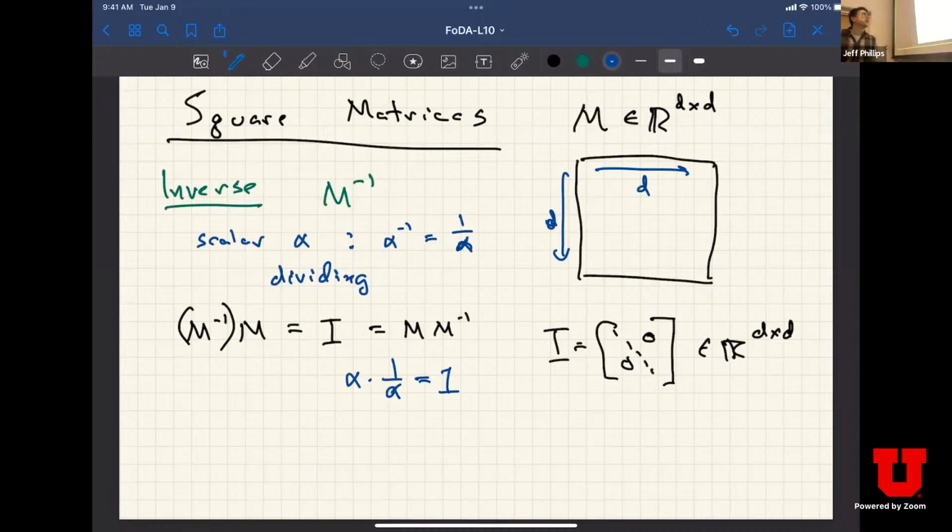The tricky thing about the inverse, and why we did addition and subtraction and multiplication earlier, those were simpler. You cannot always take the inverse of a matrix.